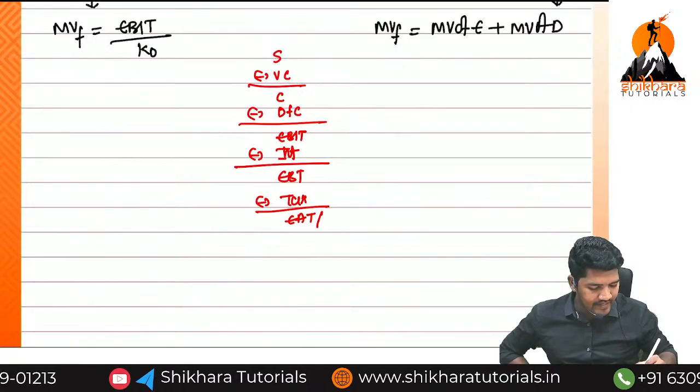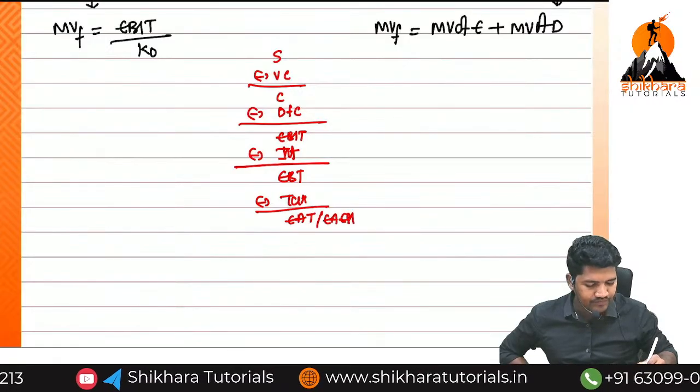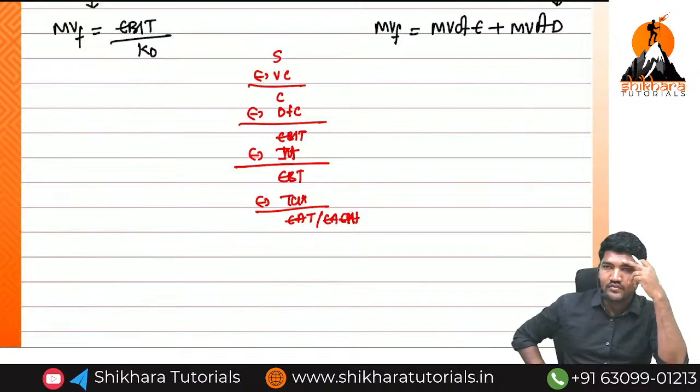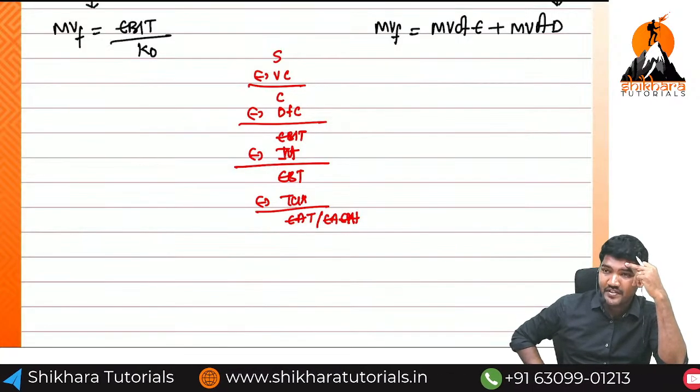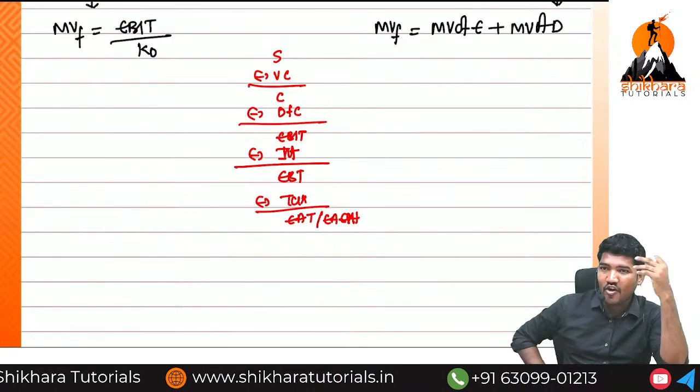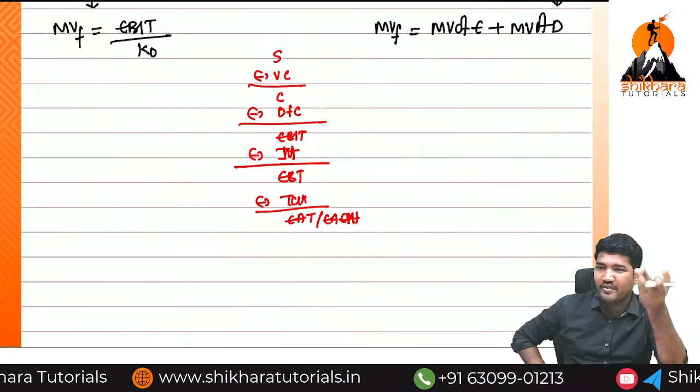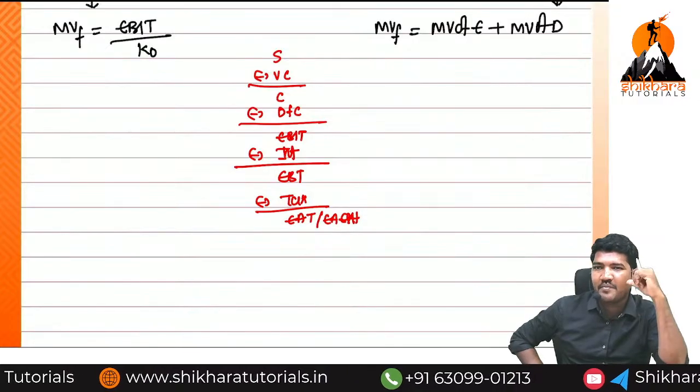Can I take EAT as EAESH, earnings available to equity shareholders? Generally you reduce preference dividend from that, but as per the assumption we have only two capitals, so there is no preference dividend.